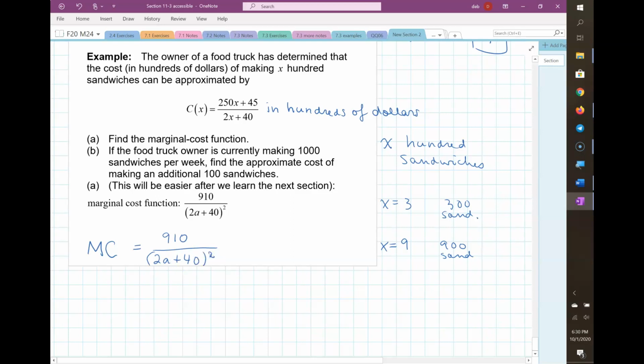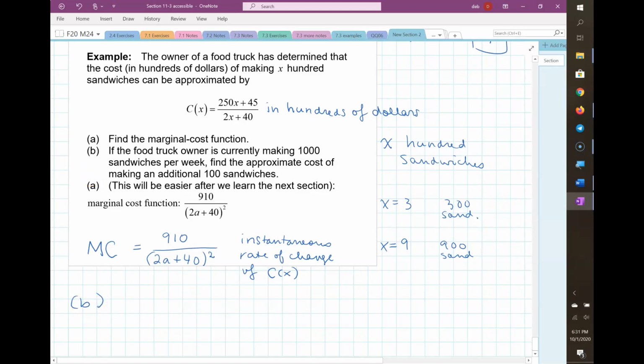So this is the instantaneous rate of change of the cost function. Okay, so that I did for you, found the marginal cost function. Then I want to focus on the part B.